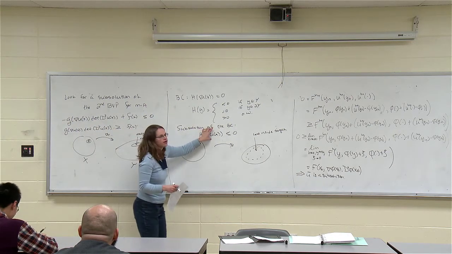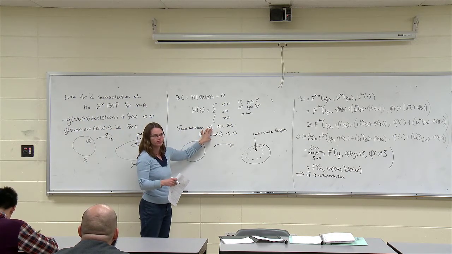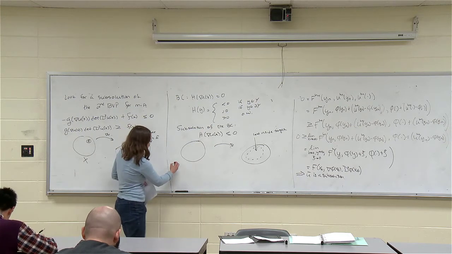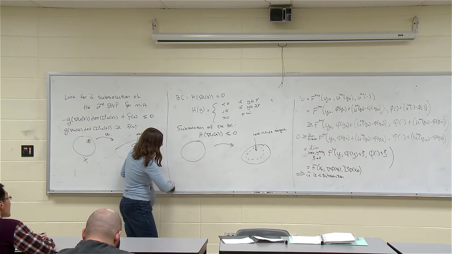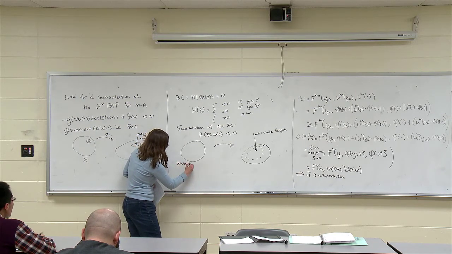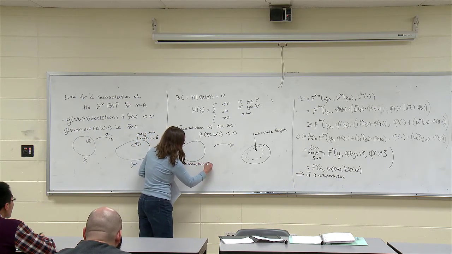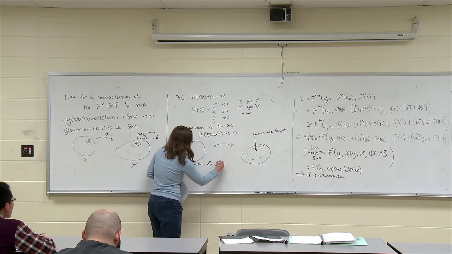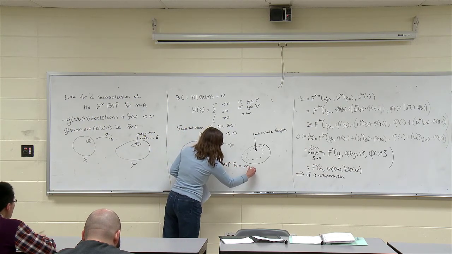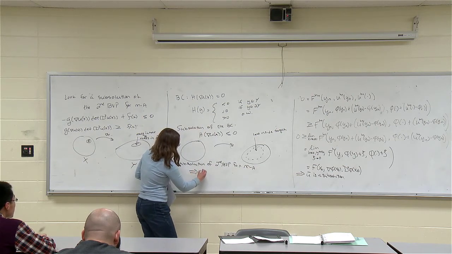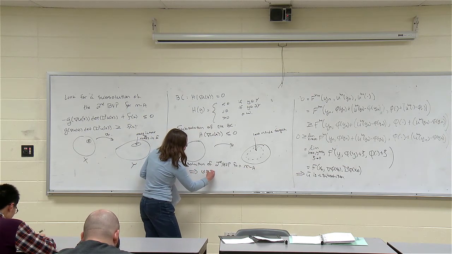You get equality here, so you produce just the right amount of mass. So it ends up, you can show that a subsolution of the second boundary value problem for Monge-Ampère implies that actually you have a solution.